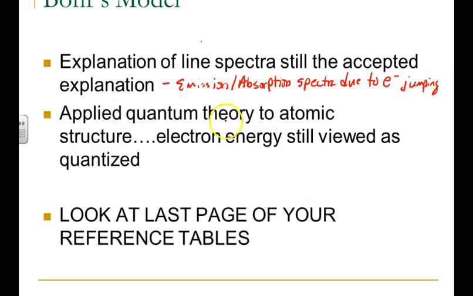He also applied quantum theory to atomic structure for the first time, and since this was done, we've never gone in another direction. Electron energy is still viewed as quantized, and our modern model of the atom is still a quantum model.